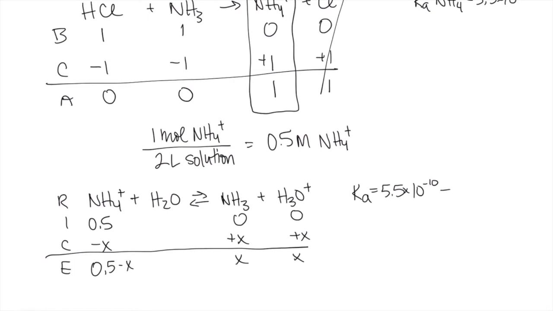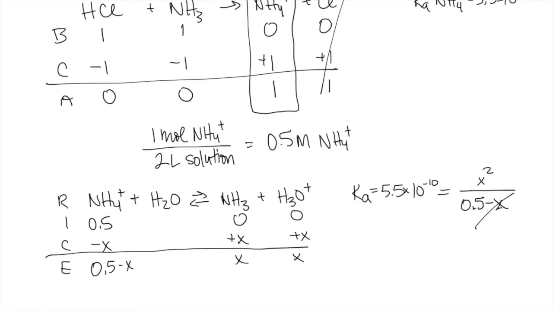I'm going to get x squared over 0.5 minus x. Can I neglect x? I think I can. We've got 10 orders of magnitude difference. So I'm going to take 5.5 times 10 to the minus 10 and multiply by 0.5.